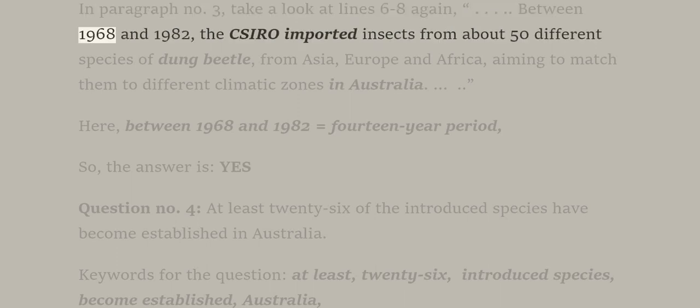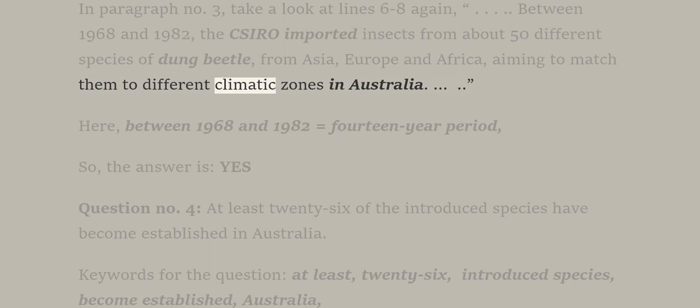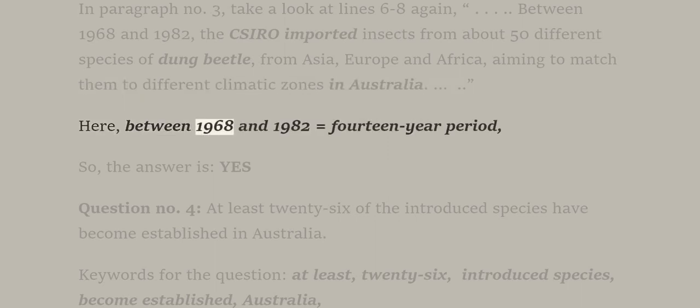Between 1968 and 1982, the Xero imported insects from about 50 different species of dung beetle from Asia, Europe and Africa, aiming to match them to different climatic zones in Australia. Here, between 1968 and 1982 is equal to 14-year period. So, the answer is a yes.